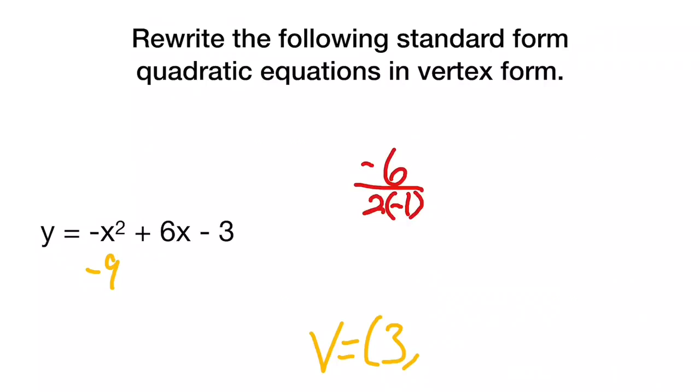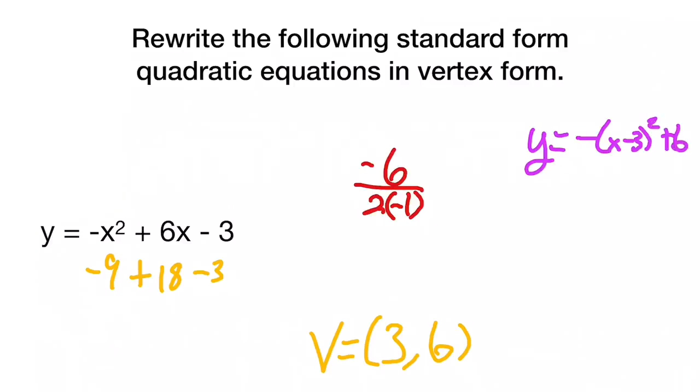Please note, if it was going to be the other way, we would have put parentheses around the negative x, but we did not. Plus, in this case, 3 times 6 is 18, minus 3. So let's see, negative 9 plus 18 is positive 9, minus 3 is 6. So at that point, I just put these into my equation. y equals, remember, our a value is negative 1, so negative (x minus 3) squared plus 6.